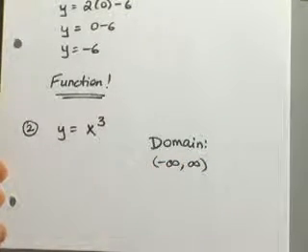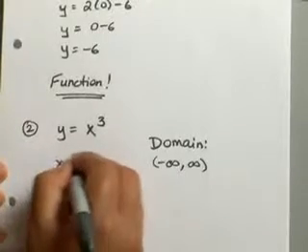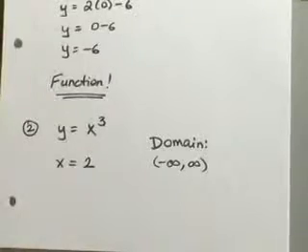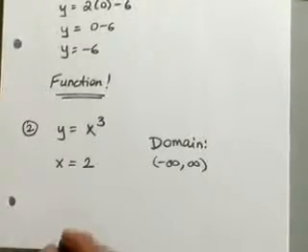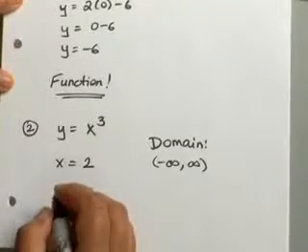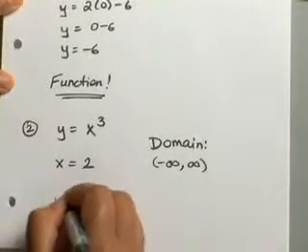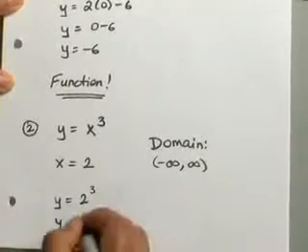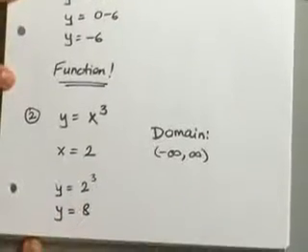And that tells me I can use any value for x. In this case, let's use x equals 2. When I substitute this value into my equation, I end up with y equals 2 to the third, which gives me y equals 8.